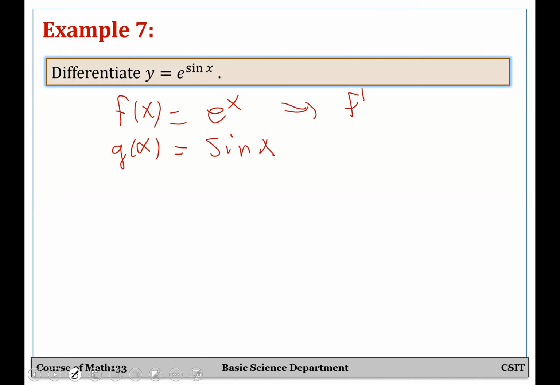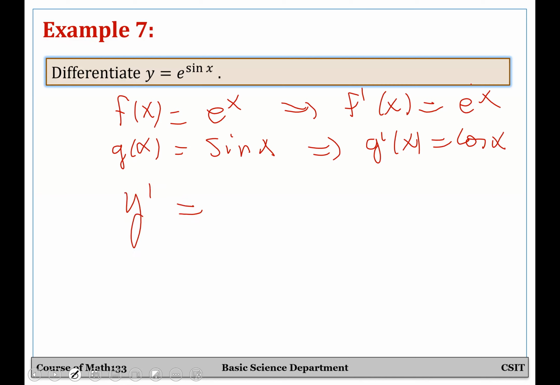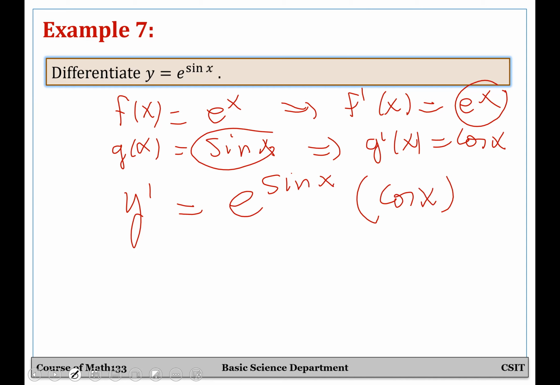Then I will compute the derivative, e to the x for f, and g prime of x is cosine x. So y prime will be equal to e applied at this point, so e to the sine x multiplied by cosine x, which is outside of the exponential function.